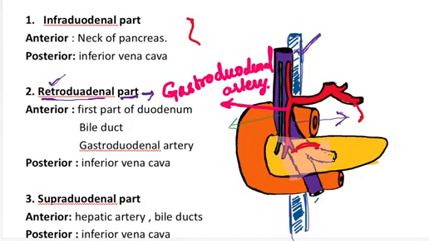And we have another structure that is lying in front of the retroduodenal part. This is the green colored structure known as the bile duct. And the most important structure that we all know is the duodenum. So the duodenum is lying anterior to it. I hope this is clear.